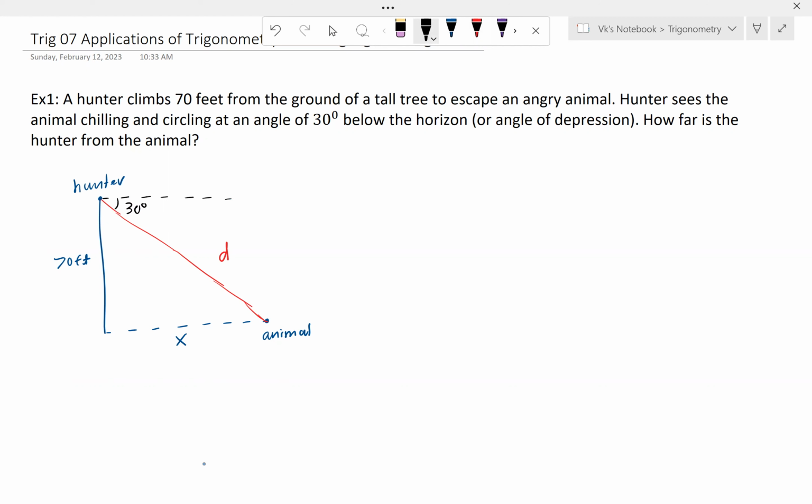This angle is 30 degrees. Using congruent angles, this angle is also 30 degrees.